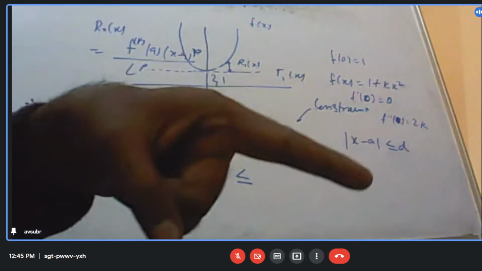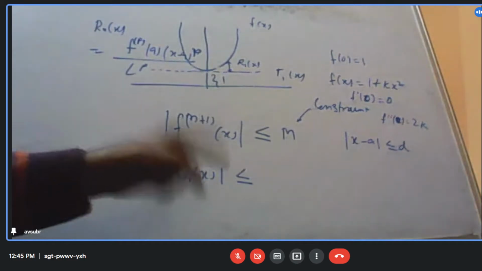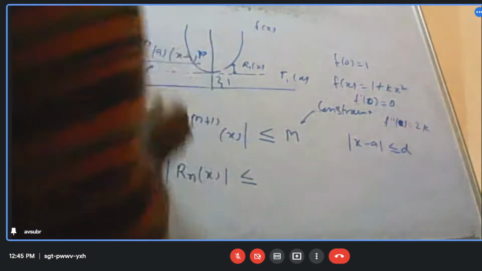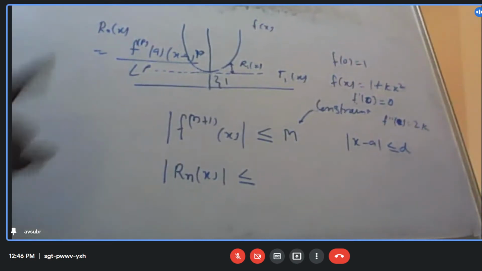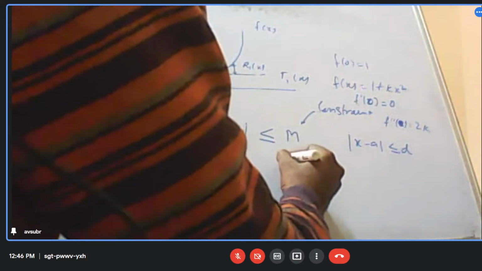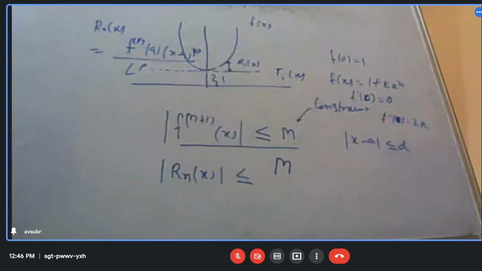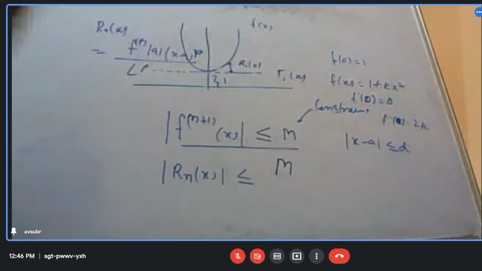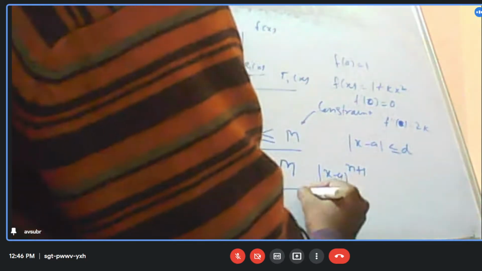This is what we just wrote down. So it will be less than or equal to, with p replaced by n plus 1. The derivative term is bounded by M, so I replace it with M, and it is M times x minus a to the power n plus 1, by factorial n plus 1.